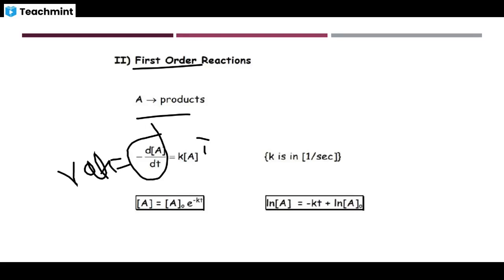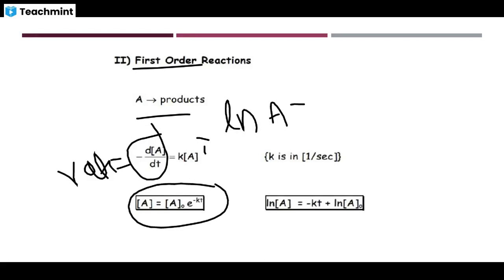So if you do the calculation, you get concentration A equal to A naught e to the power minus kt, and ln A equal to minus kt plus ln A naught. Just take ln on both sides. ln both sides means ln A equal to ln A naught plus ln e power.